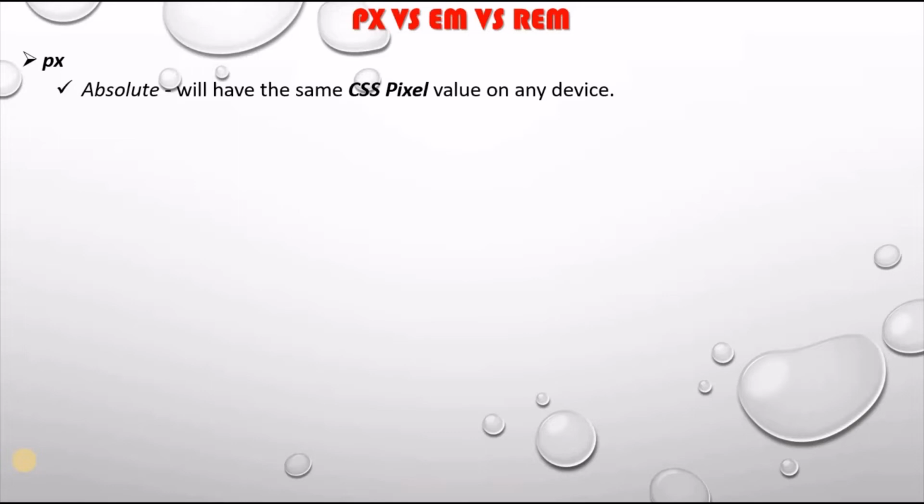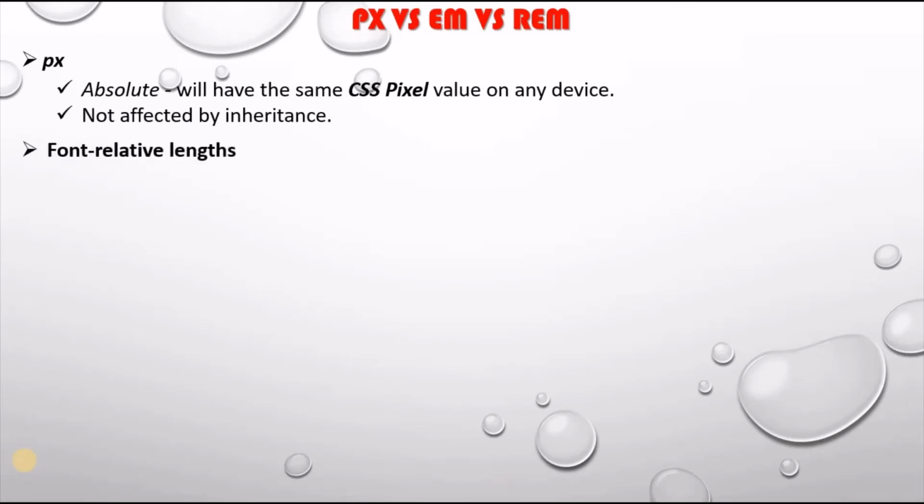What is a pixel? Pixels are absolute. That is to say, they will have the same CSS pixel value on any device. They are not responsive. They are set in stone. I may equate them to being hard-coded, if you are talking of other programming languages. They are not affected by inheritance.